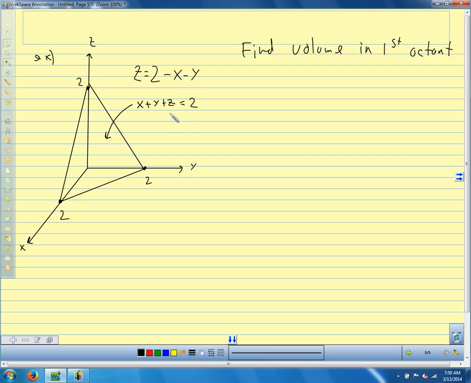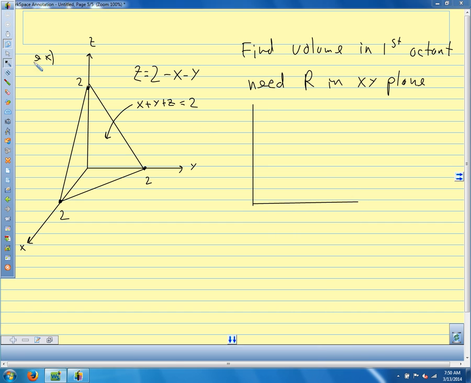We also need our region in the xy plane. So we need to sketch the region in the xy plane. So our region in the xy plane is this little triangle here. So let's sketch that region. So we know that this line here goes from y equals 2 down here to x equals 2.